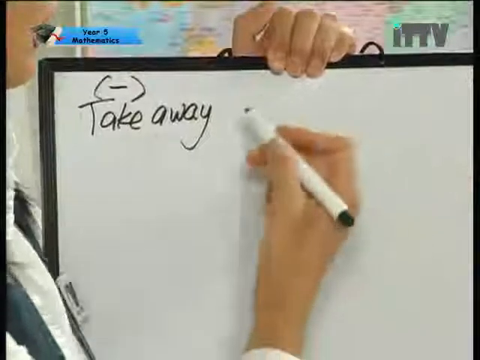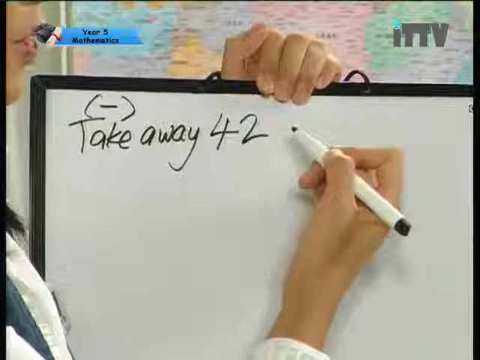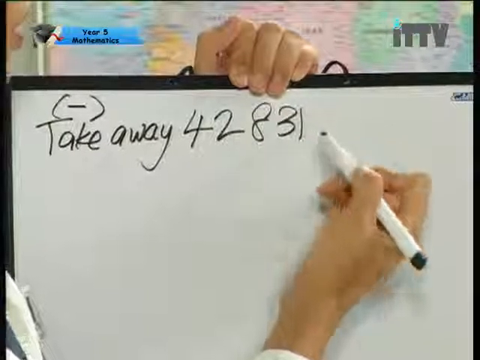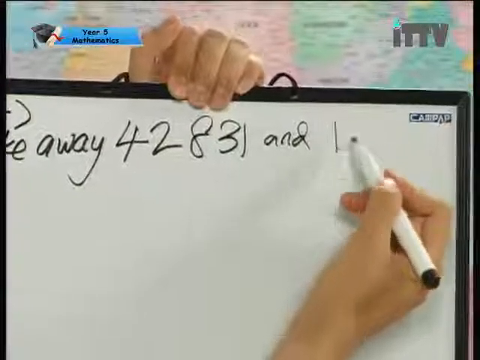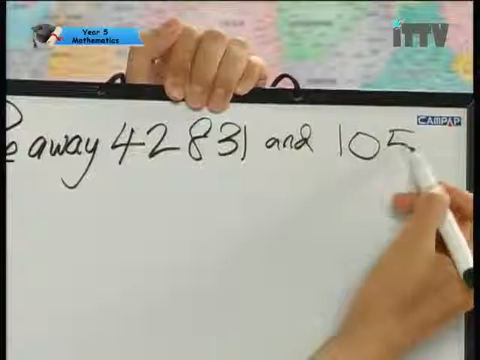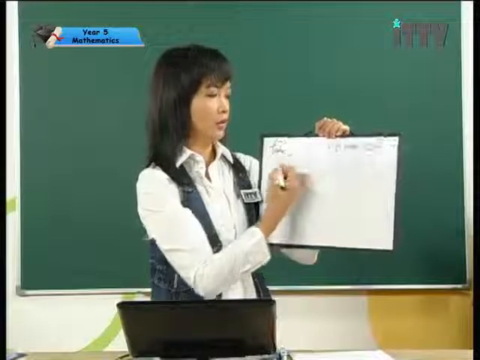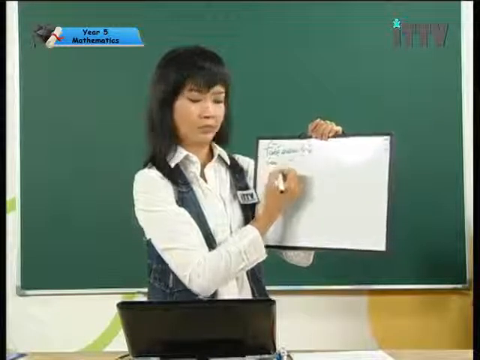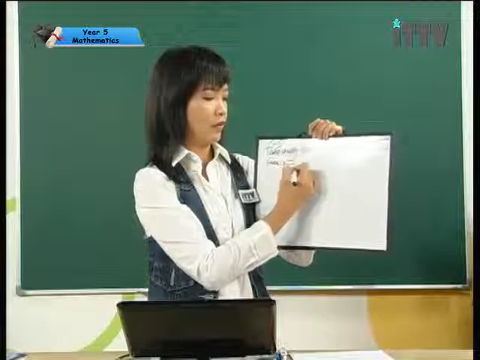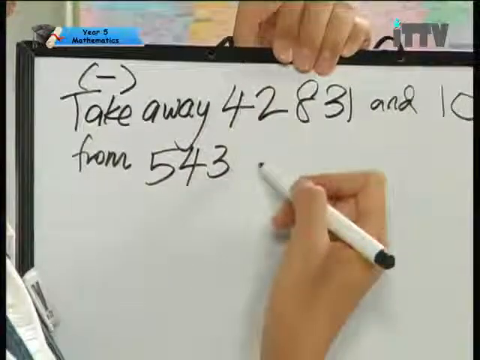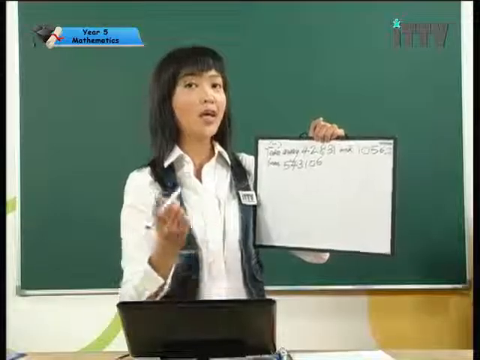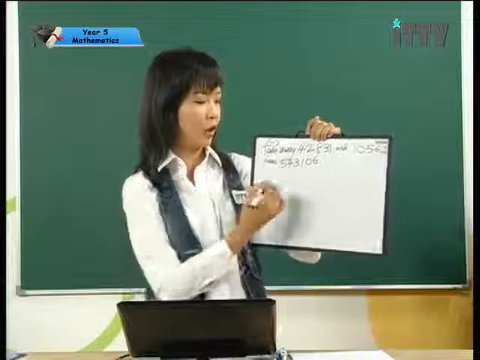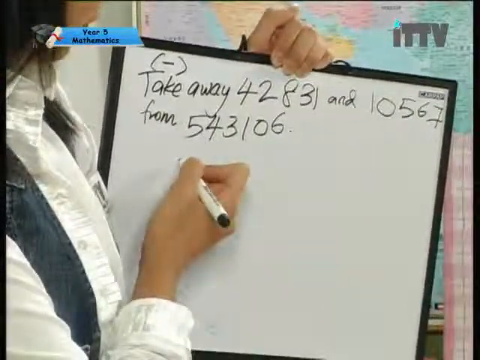Take away what? 42,831 and what's the next number? 10,567 from 543,106. If I can put this in picture form, let's say a biscuit.